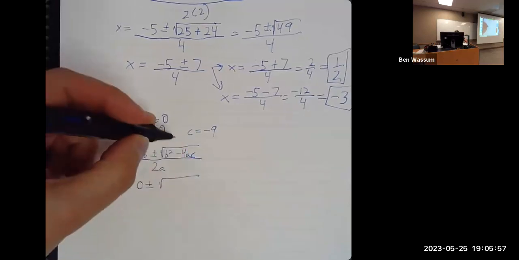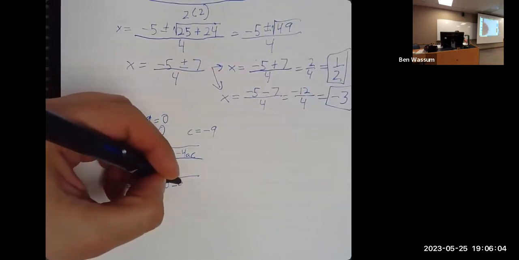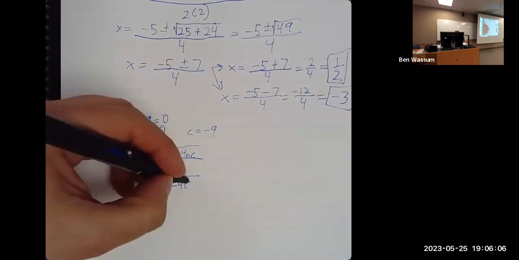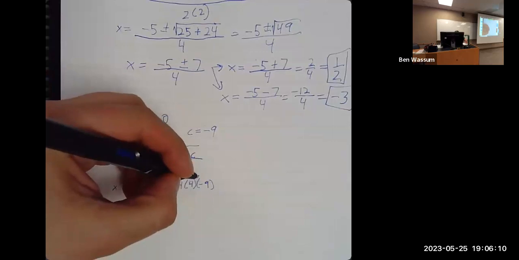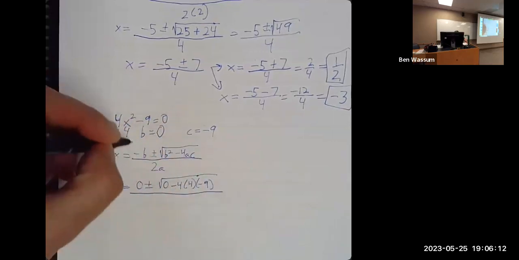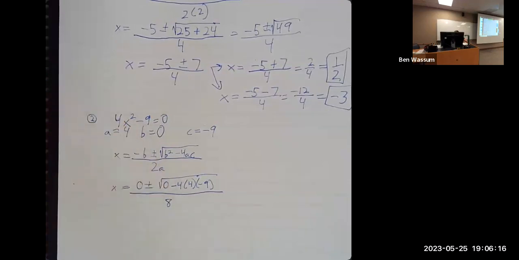Square root of, well, b squared, that's still a 0. Minus 4 times a, which is 4, times c, which is negative 9. All over 2 times a, well, a is 4. This will be an 8.